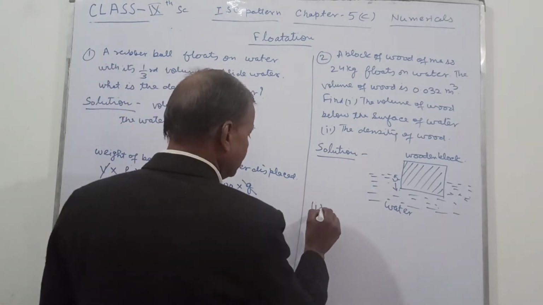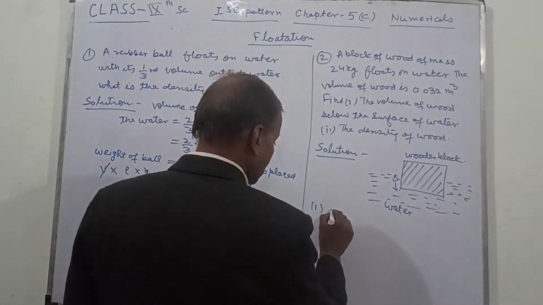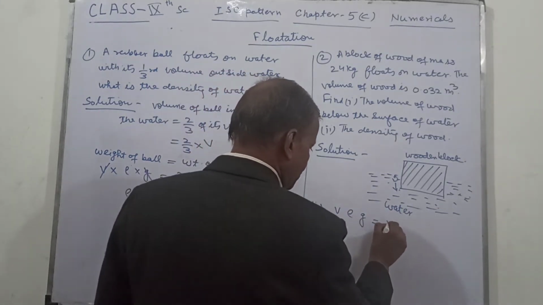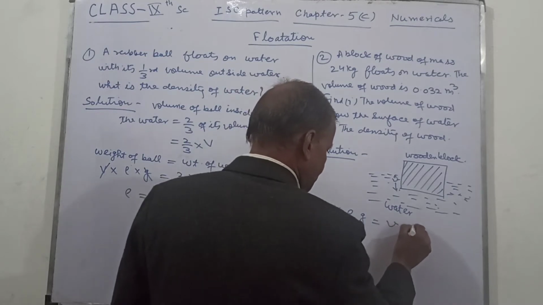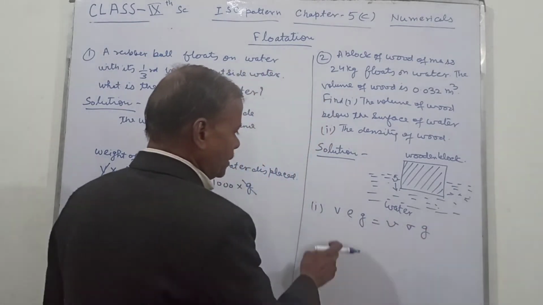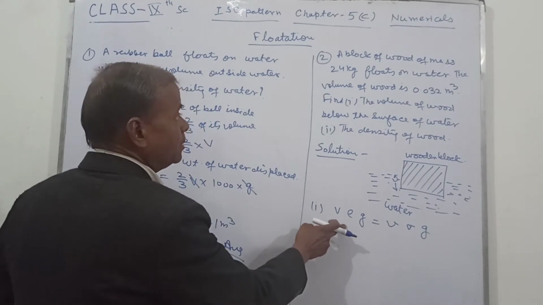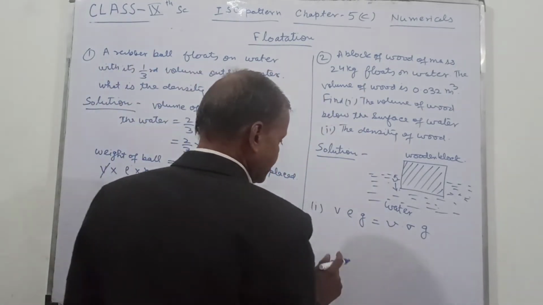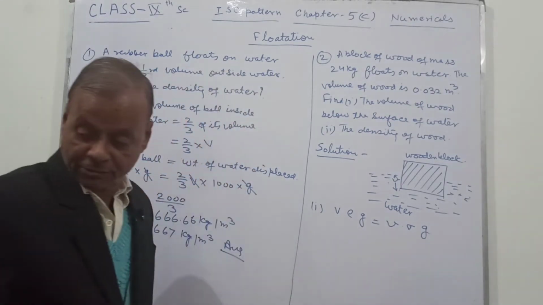Now first, V rho into g is equal to V sigma into g. This is the weight of the wooden block, and this is the weight of the water displaced.